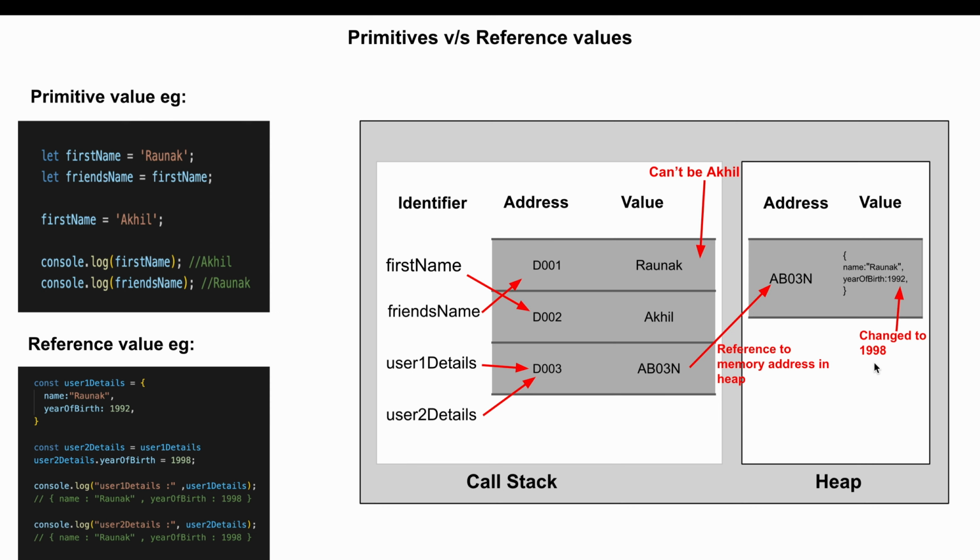That means we have changed the data which is stored in the heap, not in the call stack. These two identifiers are still pointing to the same address, because we haven't changed the value of this address itself. We have changed the data it holds.